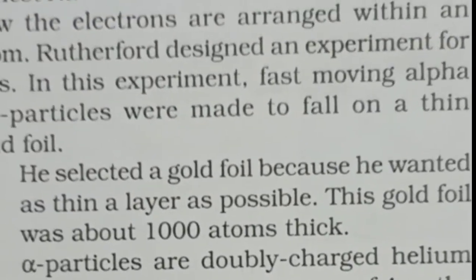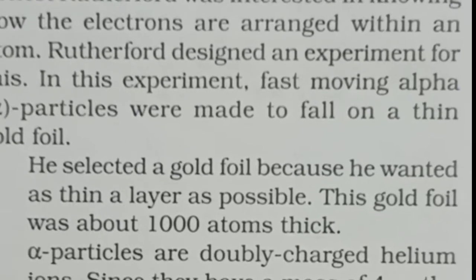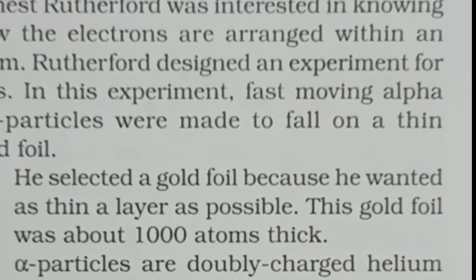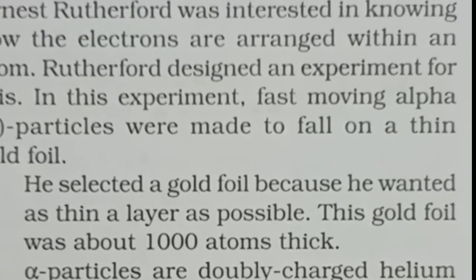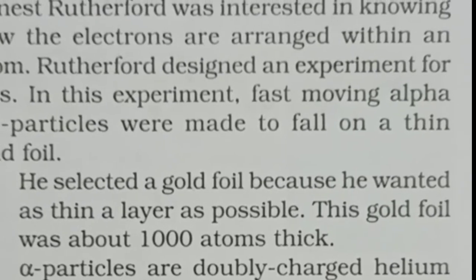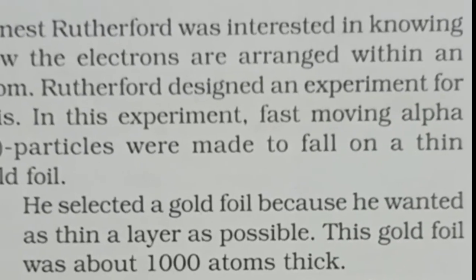When fast moving alpha particles were allowed to strike a very thin gold foil in vacuum, it was found that most of the alpha particles pass straight through the gold foil without any deflection.